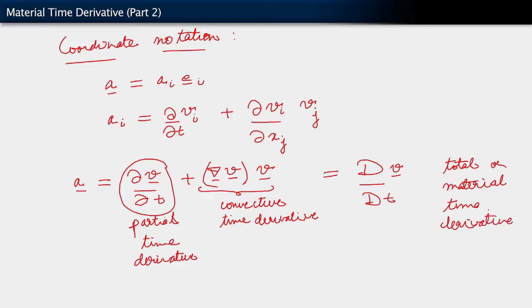Total because it's accounting not just for the immediate explicit dependence upon time, but also the fact that the spatial argument itself varies with time. So you're really picking up all of the variation with respect to time by doing this.